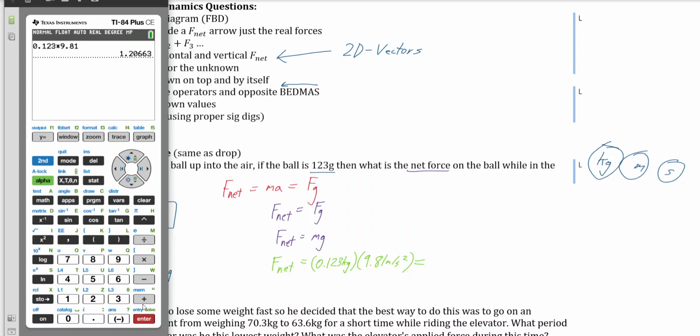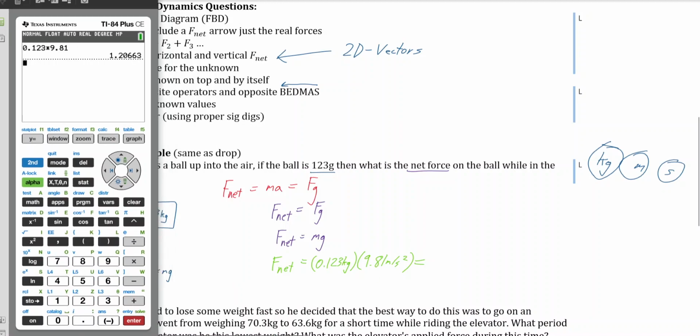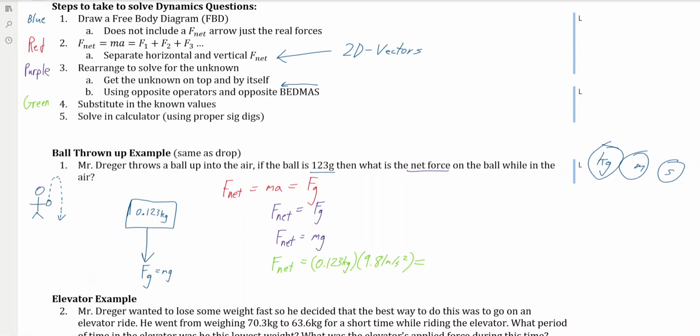So 1.2066, and this is force, which is newtons.